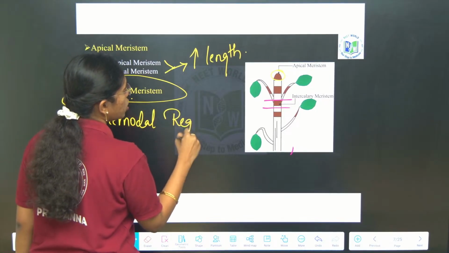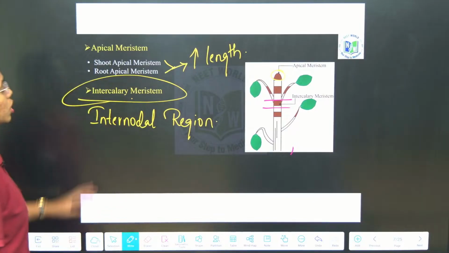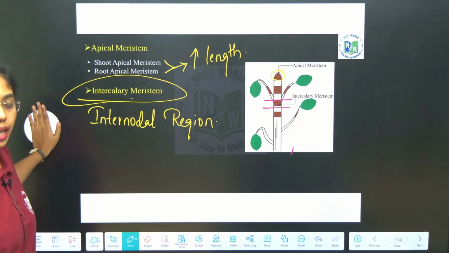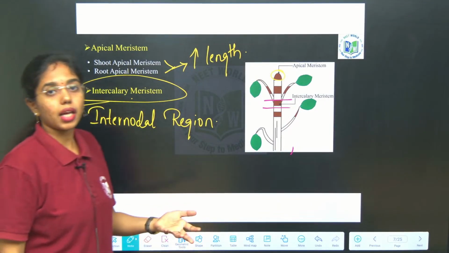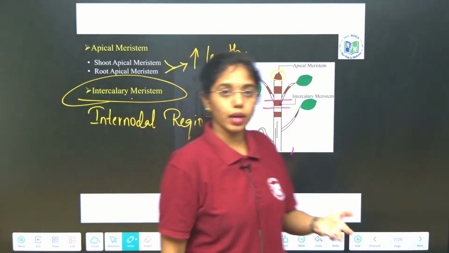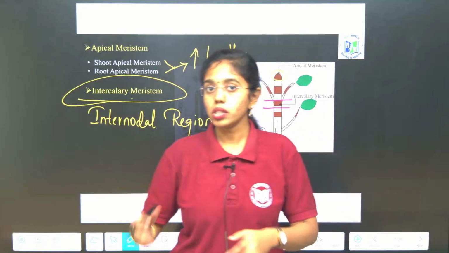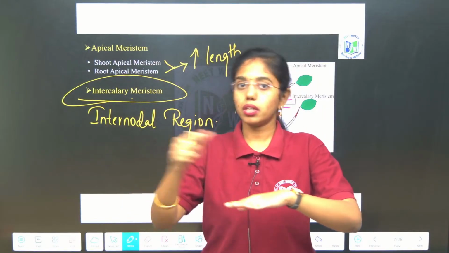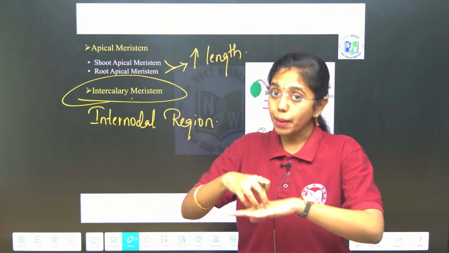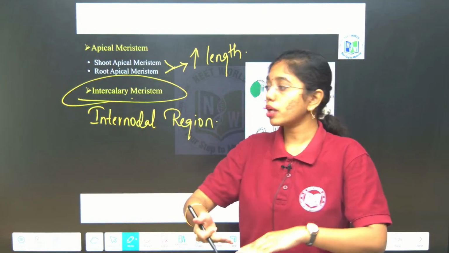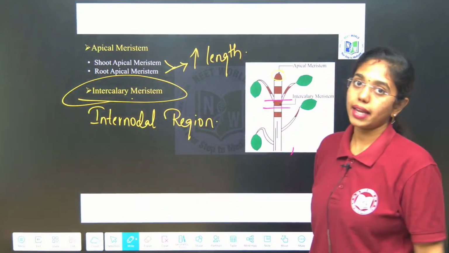One more specific activity is that this will regenerate the meristematic activity. See, for example, grasses or the members that belong to Poaceae, which when they are eaten by herbivores, the apical regions will be cut off, right? Those apical regions will be regenerated back by the intercalary meristem.